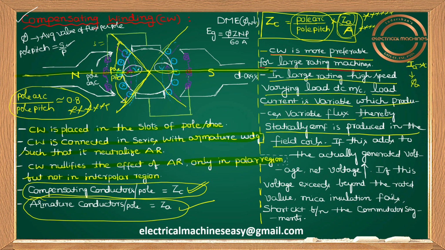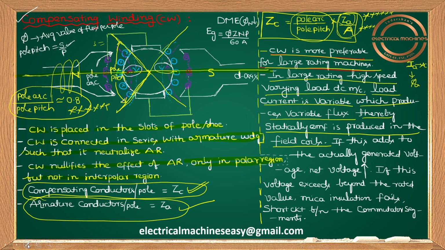See this blue color armature flux. This variable flux links with the field winding, which we already place in a DC machine.